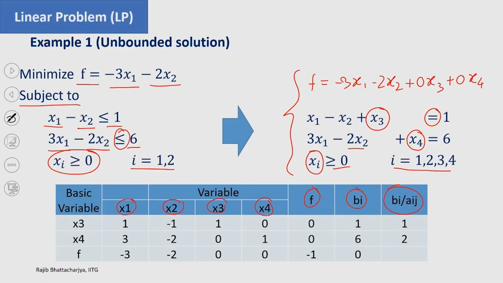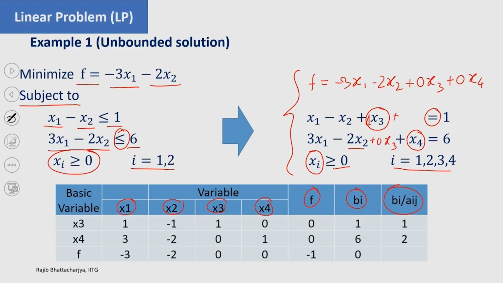Now, here when we are converting this problem to standard form, that means I have added the slack variables x3 and x4, and if you look at this particular problem, you can see that the coefficient of x3 is 1 in the first equation, and for the second equation it is 0.